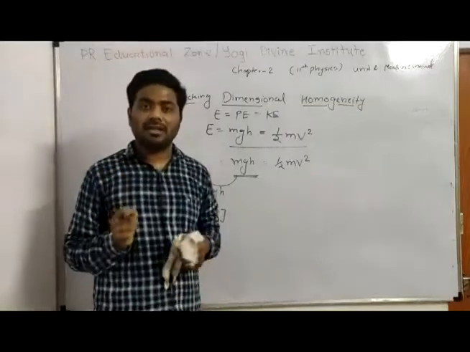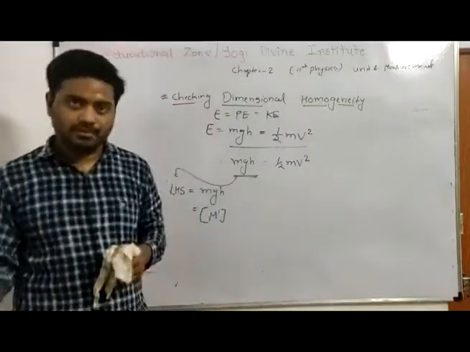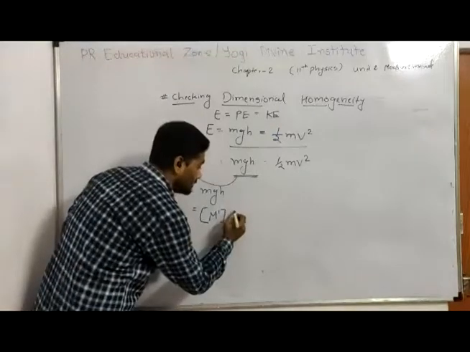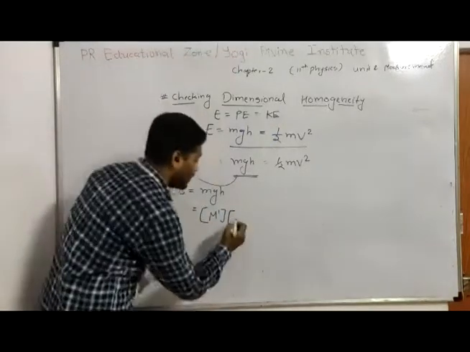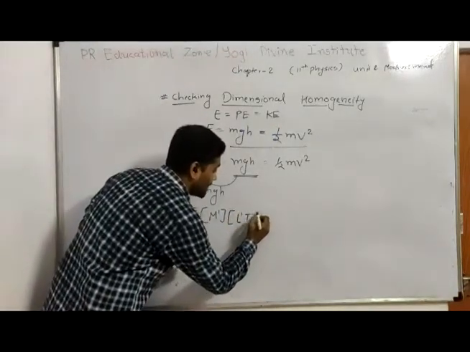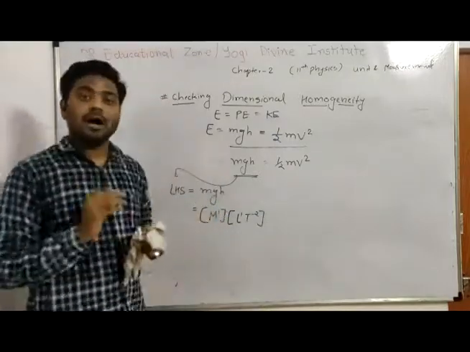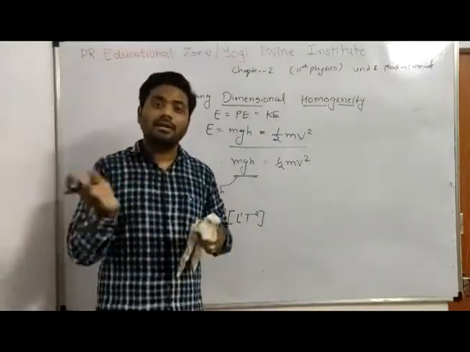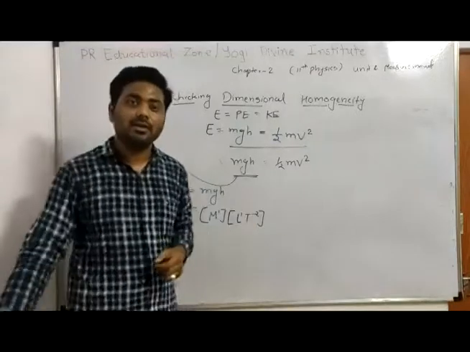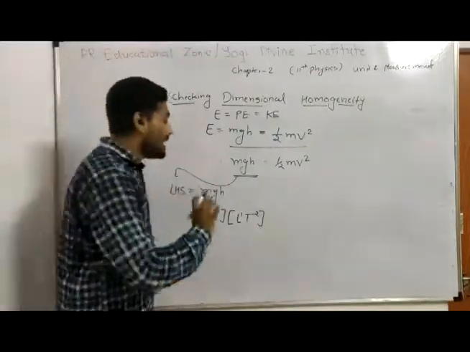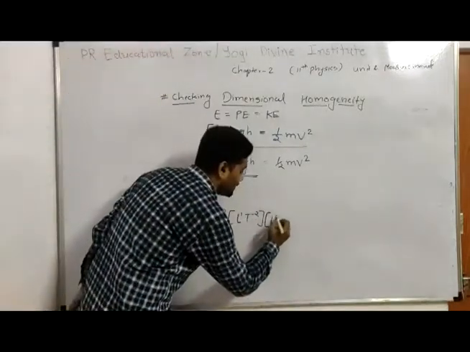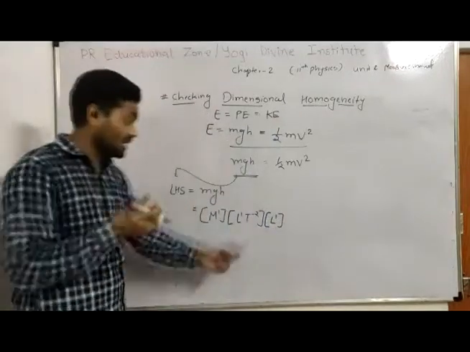The unit of gravitational acceleration is meter per second square, so the fundamental dimension for that is L1 T minus 2. And h is the height. I already told you whether height, length, breadth or distance is given, you take the MLT formula as L to the power 1.